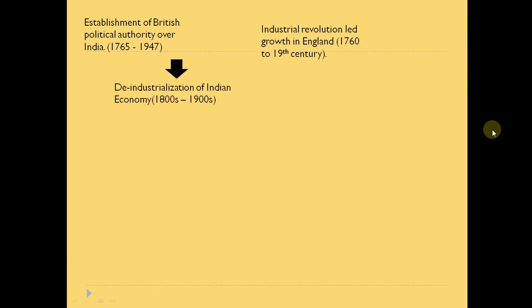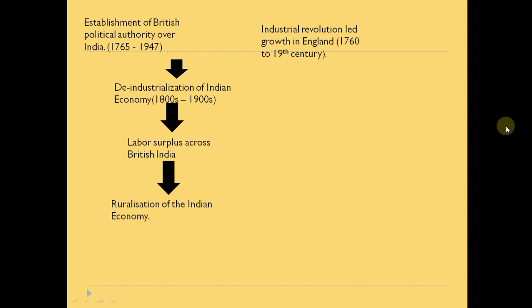The political authority of Britain over India, combined with the industrial revolution, made a ground for deindustrialization of the Indian economy. This led to labor surplus across the British Indian territory, which resulted in ruralization of the Indian economy.